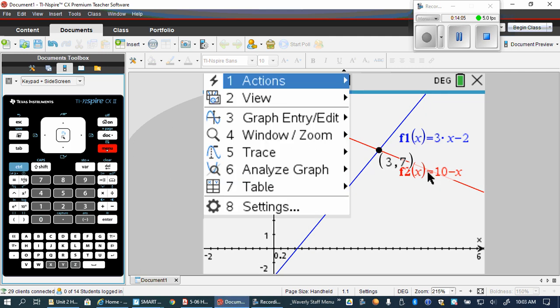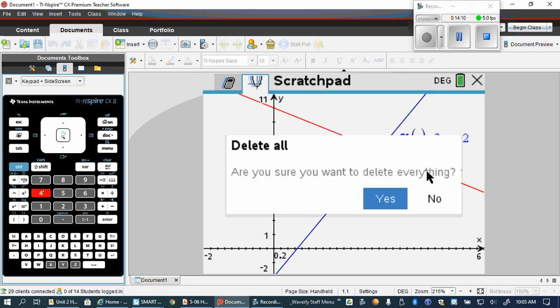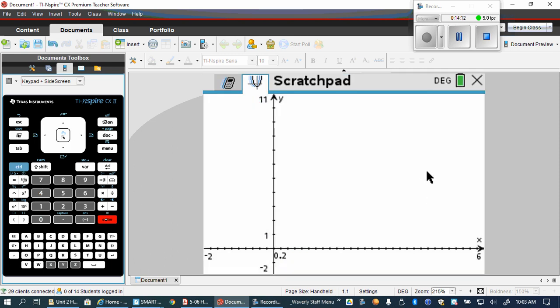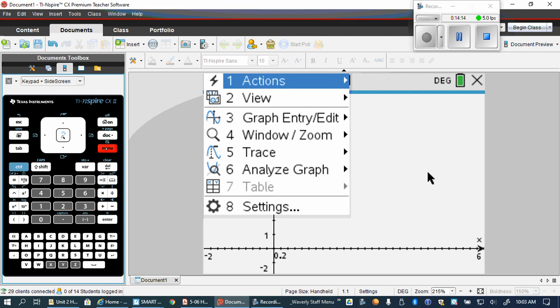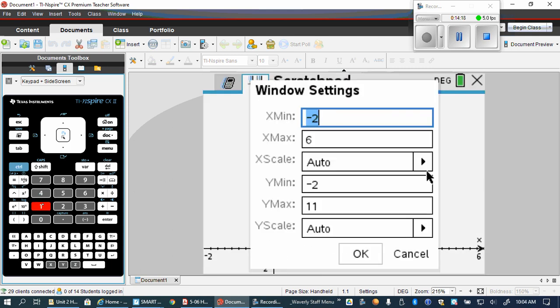So I'm going to do menu, actions, delete, yes. Then menu, window zoom, window settings. They said from negative 8 to 8 for x, and for y, negative 20 to 20.